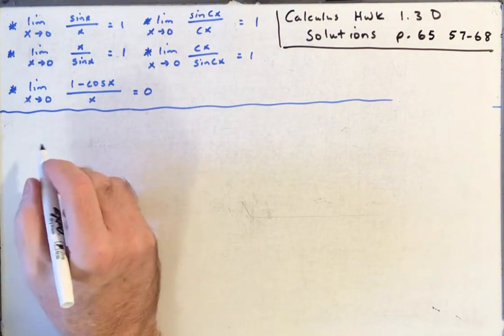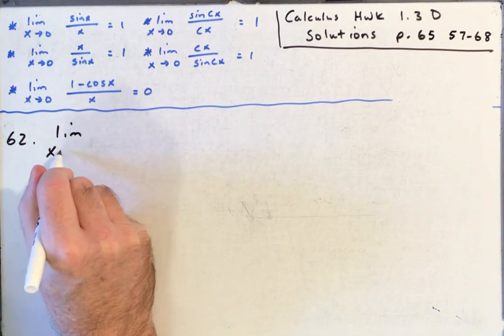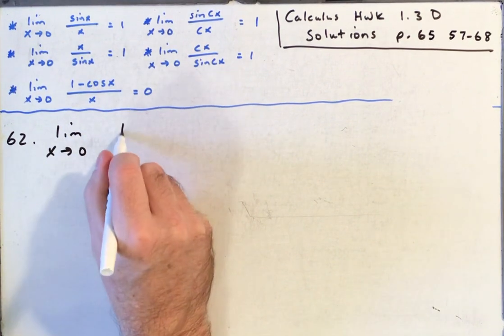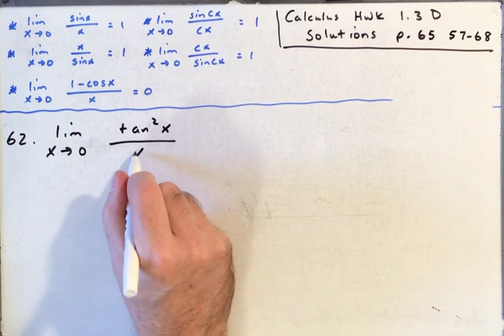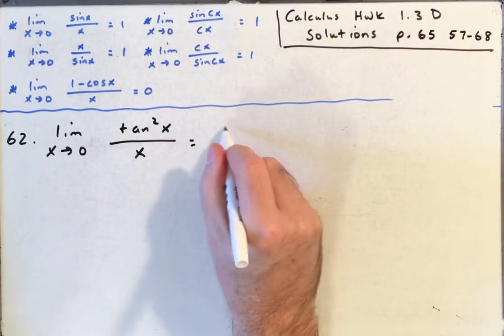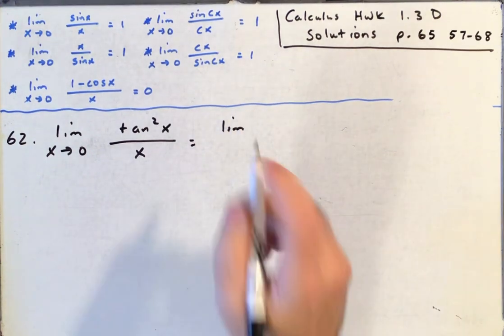All right, 62. So tangent squared x over x. Okay, anytime you see tangent, think, maybe I'll change it into sines and cosines.